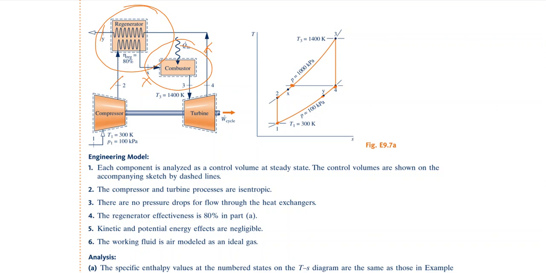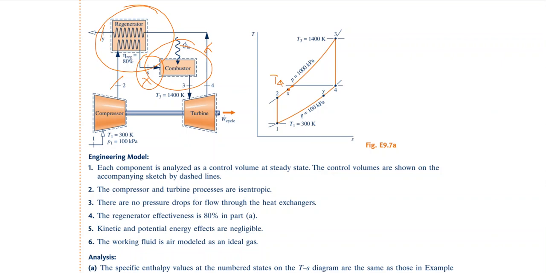If it is a perfect regenerator, the heat transfer from 4 to Y would be fully transferred to the air going from 2 to X. But as stated, the regenerator has an effectiveness of 80%. That means the temperature at state X would be less than the temperature at T4, which it would equal for a perfect regenerator.